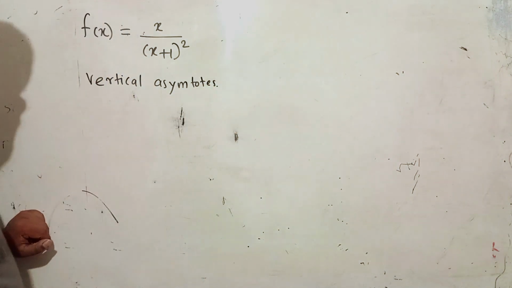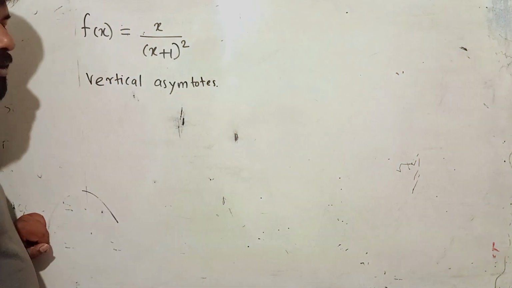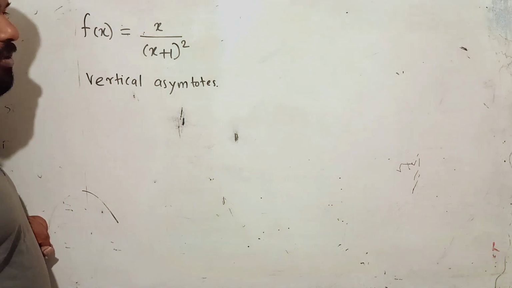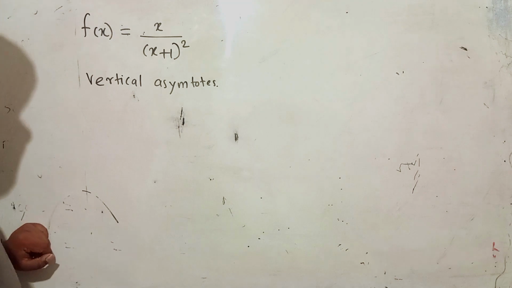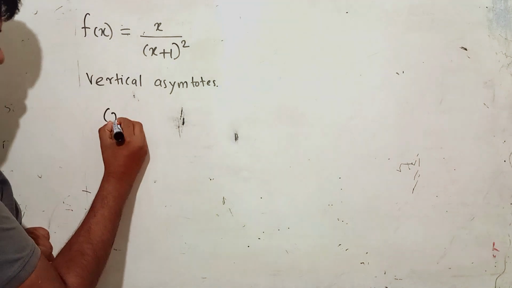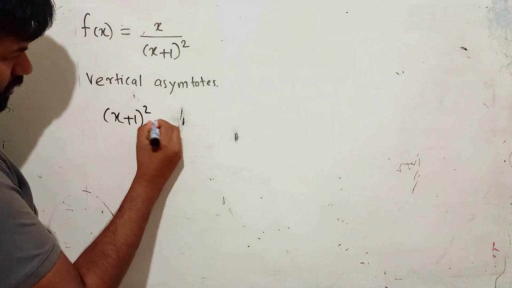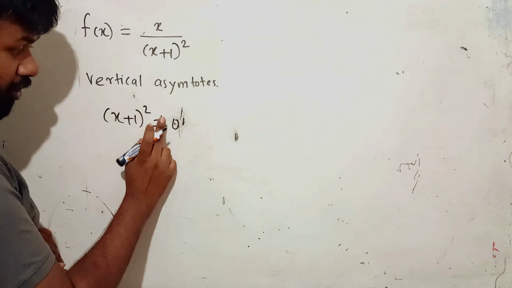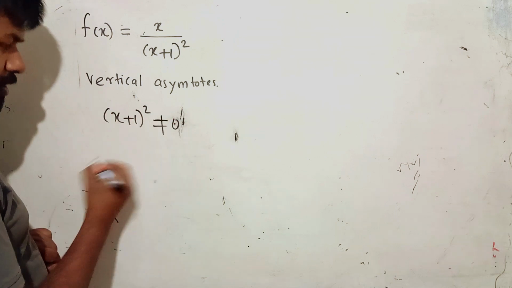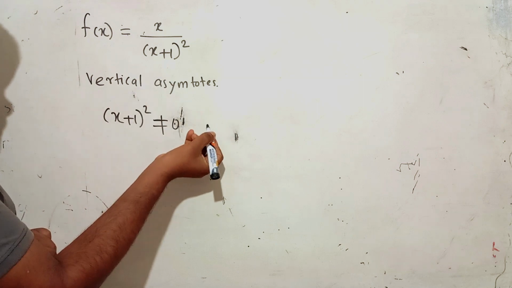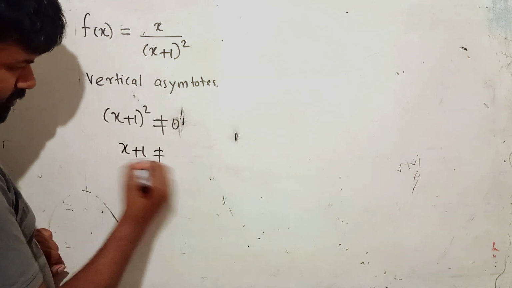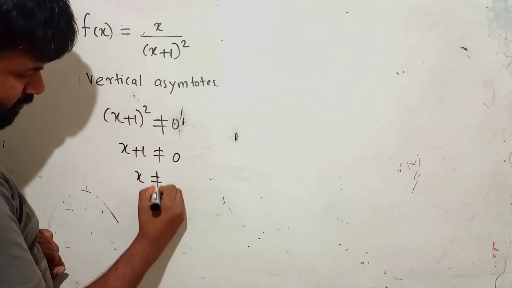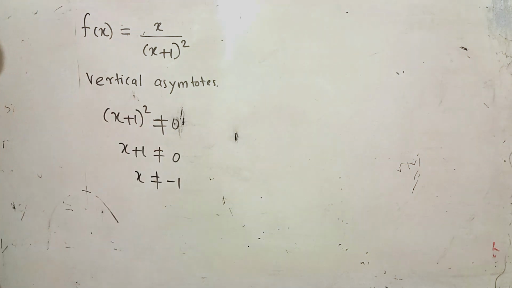In order to find the vertical asymptotes, you have to see what the numerator and the denominator of this function are. If it's a rational function, the denominator cannot be equal to 0. Here, (x + 1) squared cannot be equal to 0. So if (x + 1) squared is not equal to 0, which means x + 1 cannot be equal to 0, so x cannot be equal to -1.